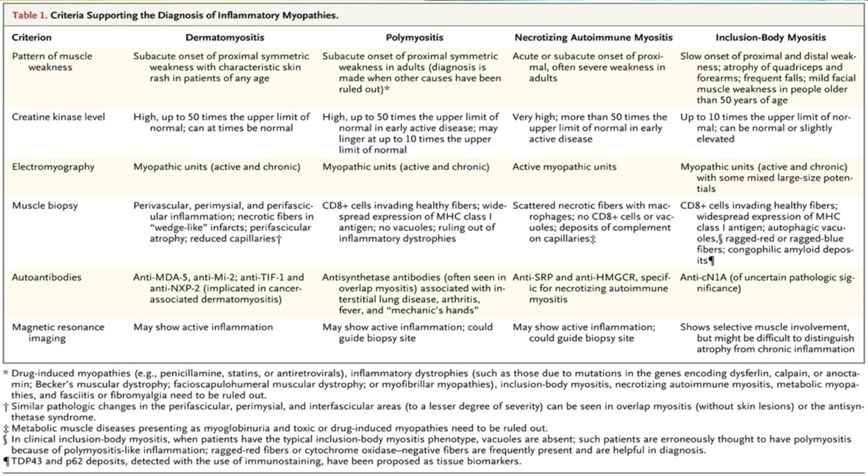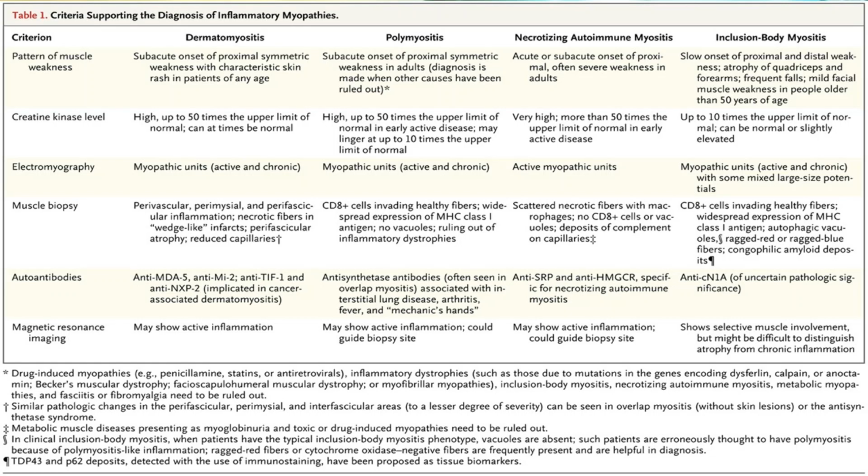And when we talk about muscle biopsy, in dermatomyositis we have vasculopathy and CD4 proliferation. When we have polymyositis, we have CD8 cells proliferation and don't have the imaging of vasculopathy.